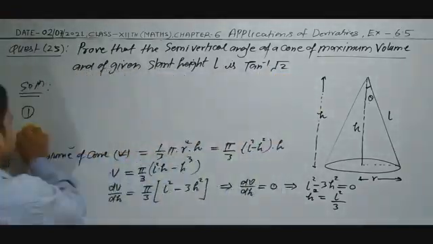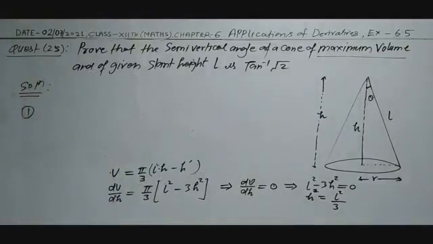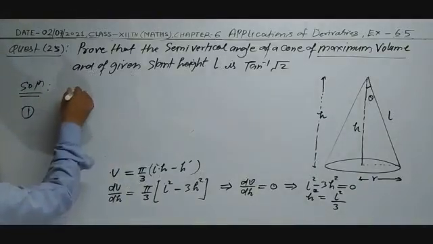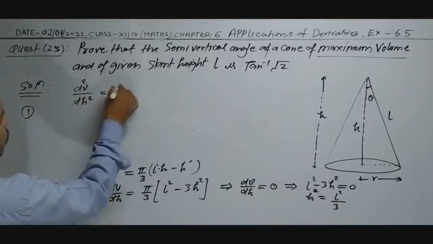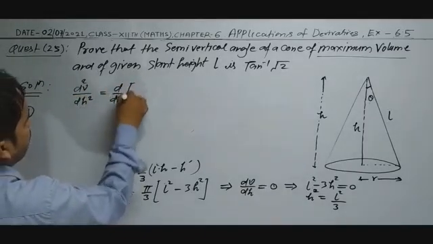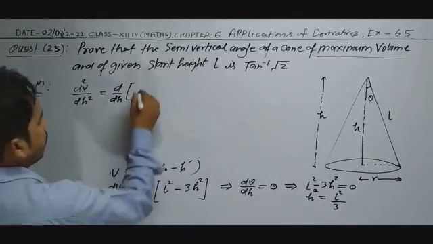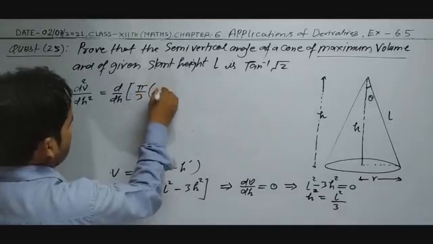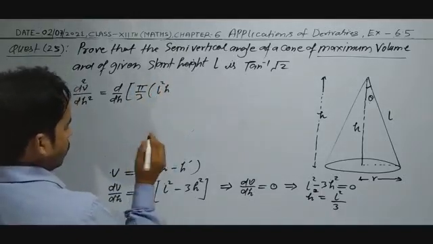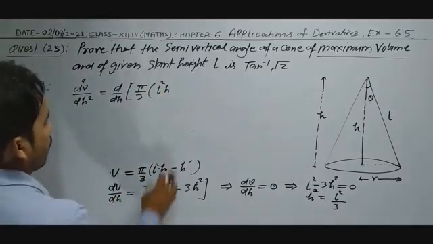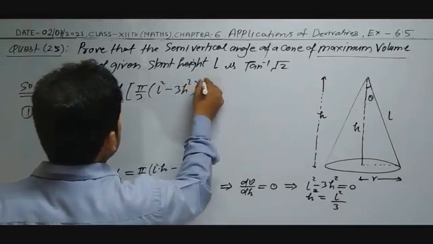Now see here. Again you will calculate d2V upon dh2. What will be the result? d by dh of pi by 3 into L square minus 3 times h square.